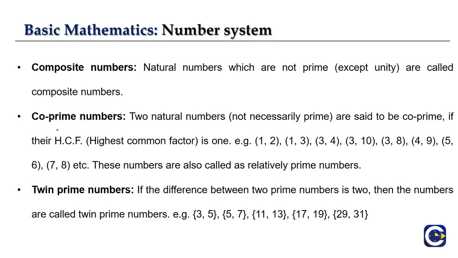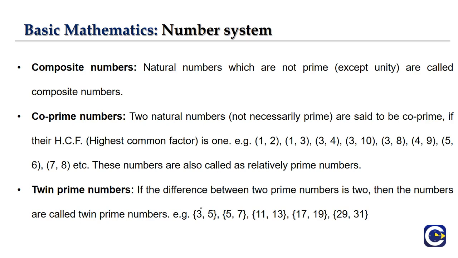And the next, again further in our prime numbers, we are having one more, that is our twin prime numbers, right? If the difference between two prime numbers is 2, then the numbers are called twin prime numbers. We know which numbers are called prime numbers. So if two prime numbers have a difference of 2, then those particular prime numbers are called twin prime numbers.